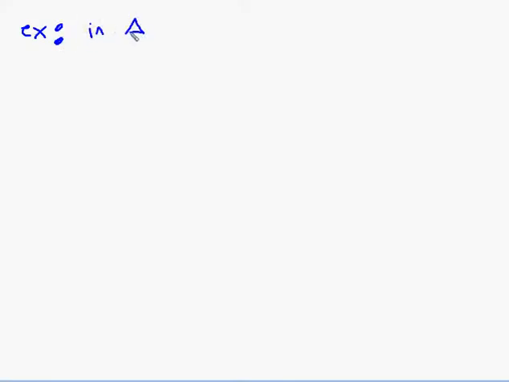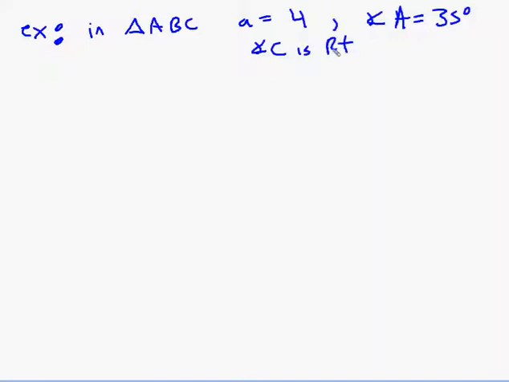In triangle ABC, a equals 4, and angle A equals, let's say, 35 degrees. And angle C is right. Find the other sides and angles.